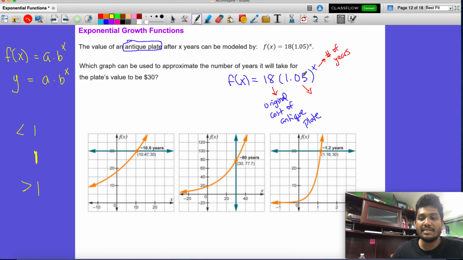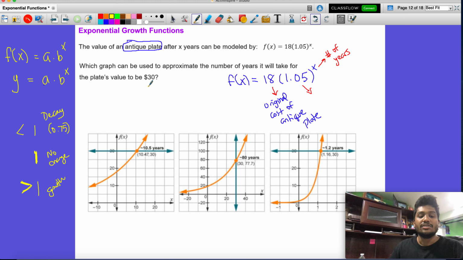If the number inside the parentheses is less than 1, let's say 0.75, this would be a decay, meaning it's decreasing. If it's exactly 1, there's no change, which we haven't spoken too much about, but we focus mostly here. If the number inside the parentheses is greater than 1, this is going to be a growth.